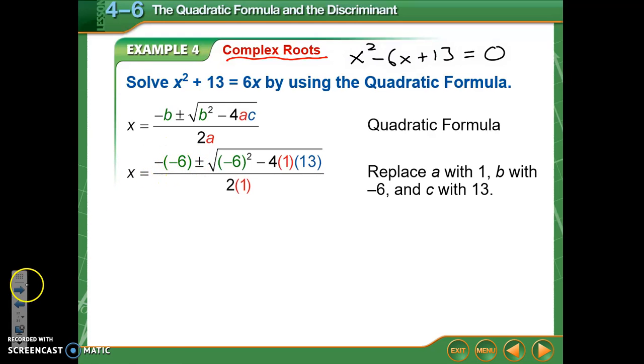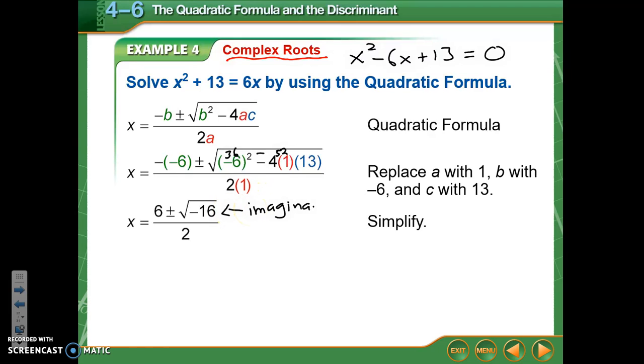So when I plug in here, I'll get a positive 6 out in front. Underneath the radical sign, I get a positive 36 here, minus 4 times 13, which is 52. And when I take 36 minus 52, I get negative 16 under the square root. So notice that when I have a negative number under a square root, I'm going to get an imaginary number.